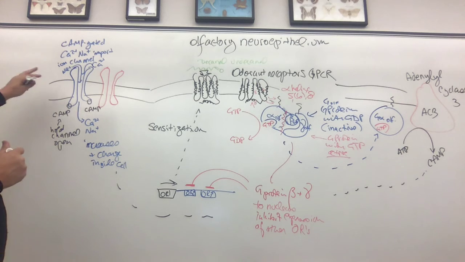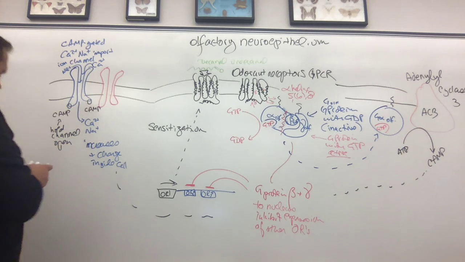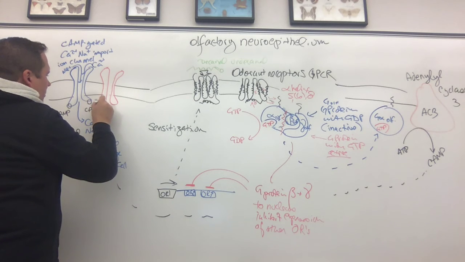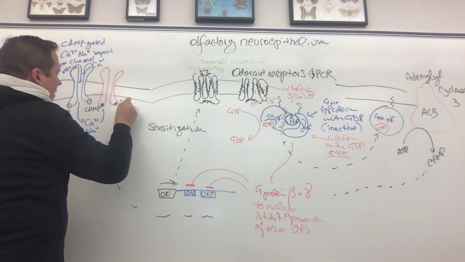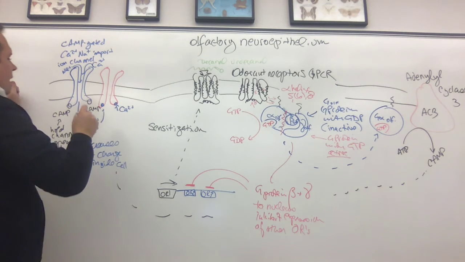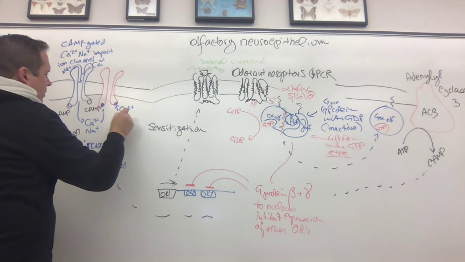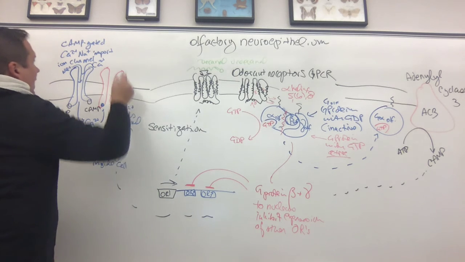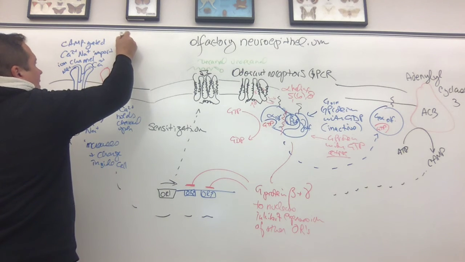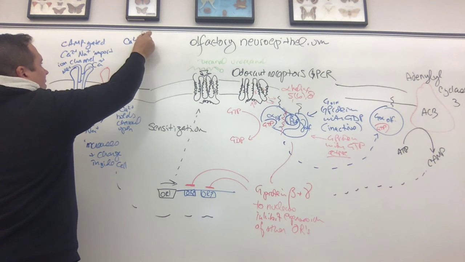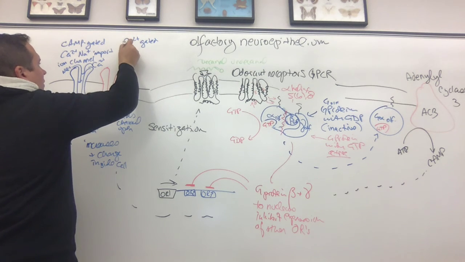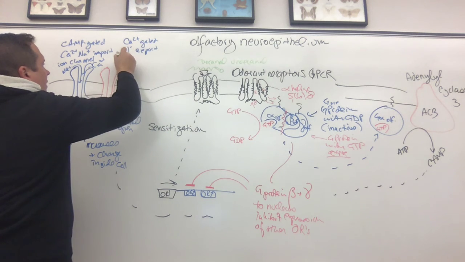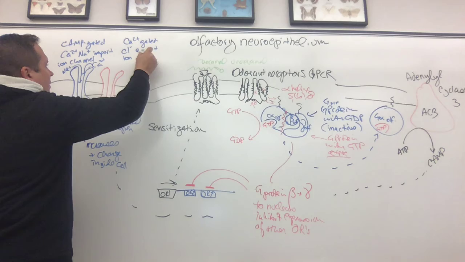All right, and then on the other side, we've got another channel that is calcium gated. So let's draw a little blue calcium here. Boop, boop. So Ca2 plus is right there. Holds the channel open. And so this is a calcium gated chloride ion export ion channel.